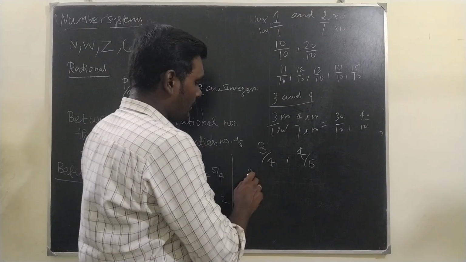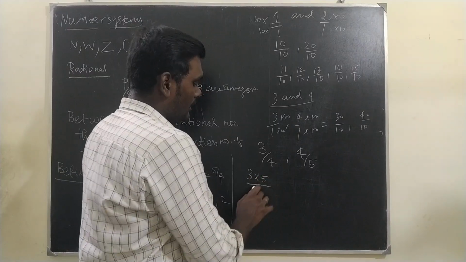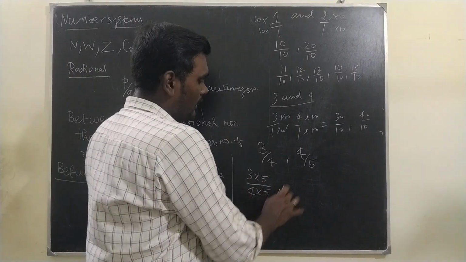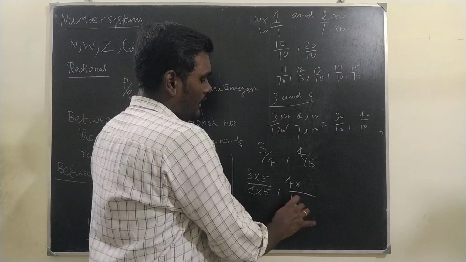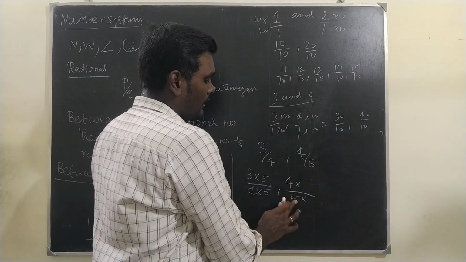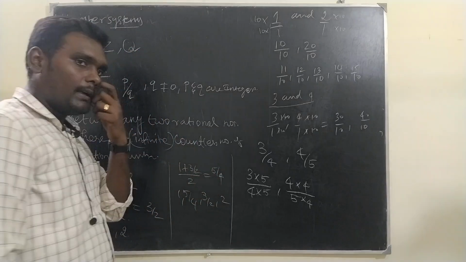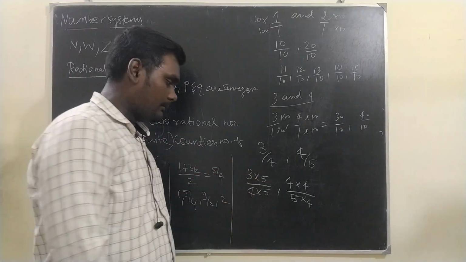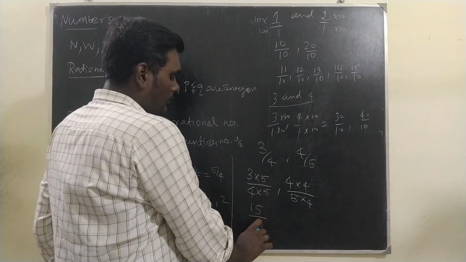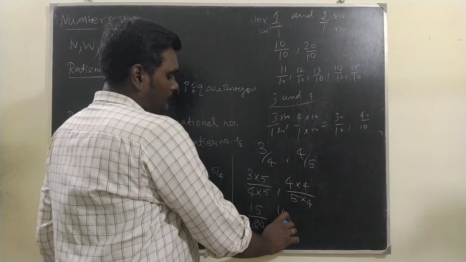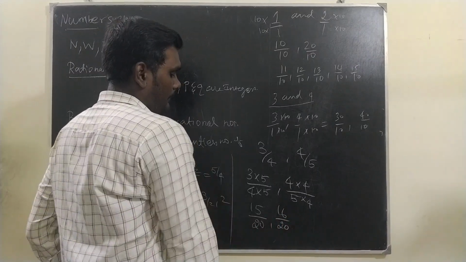To make it 20, we multiply 5 in both numerator and denominator. Here, to make this denominator 20, we multiply 4 in both numerator and denominator, so that we will have 15 by 20 and 16 by 20.